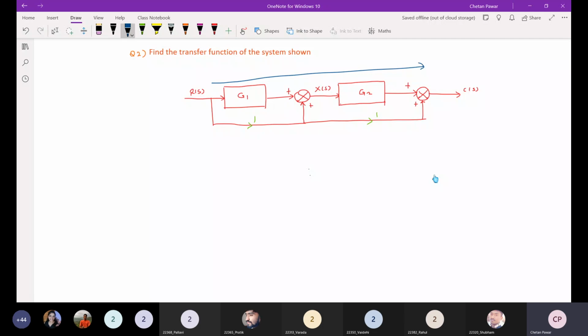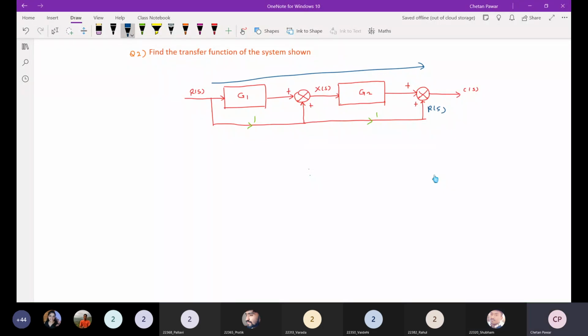Now, what is this signal, this one going to this? What is this signal here at this error detector? Summing junction. Error. No, here which signal is there? Input signal. No, which one? R of S. Yes, R of S. And here?